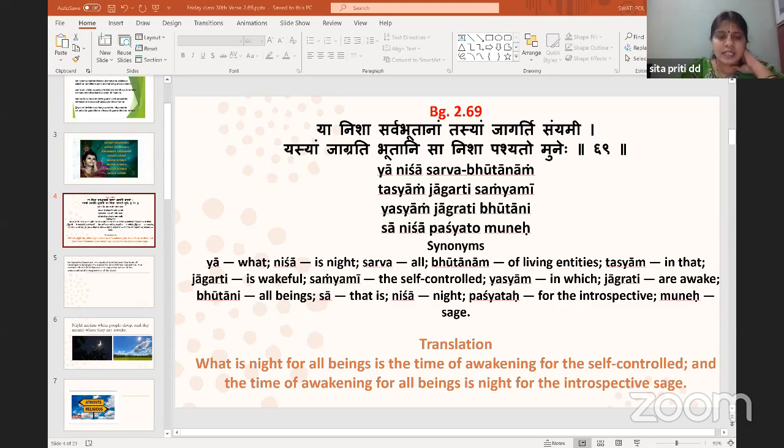Anirudh, can you read the translation for us? Yes, Mataji. What is night for all beings is the time of awakening for the self-controlled, and the time of awakening for all beings is night for the introspective sage. Vikyat, can you read the translation for us? Dear Mataji, what is night for all beings is the time of awakening for the self-controlled, and the time of awakening for all living beings is night for the introspective sage.